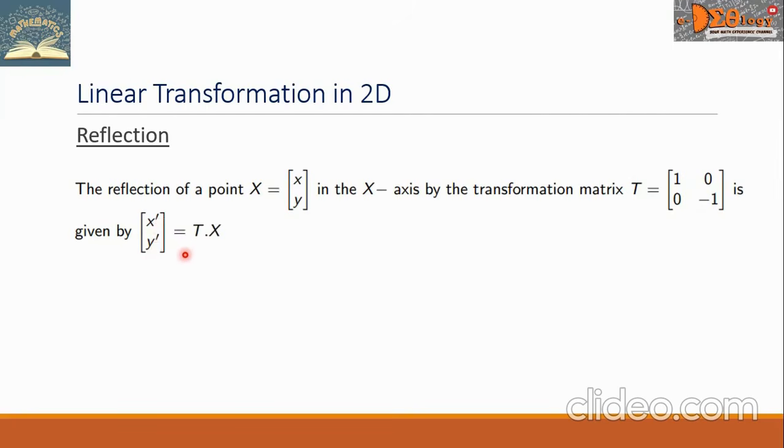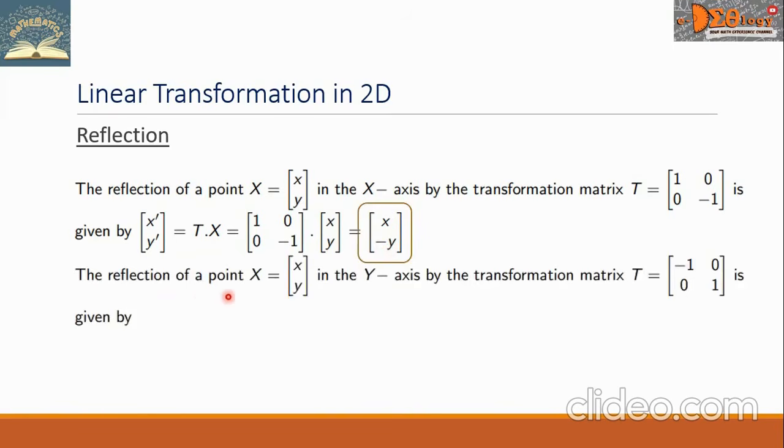This is equal to T times X. Substituting our matrices, the new matrix will be the column matrix with elements x, negative y, respectively.